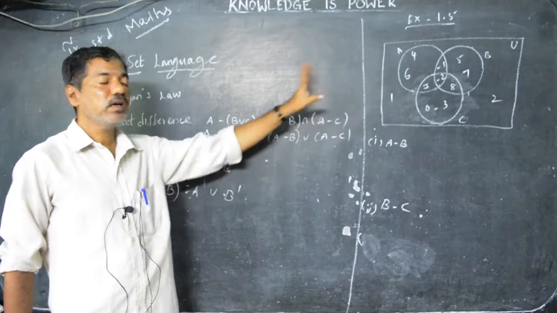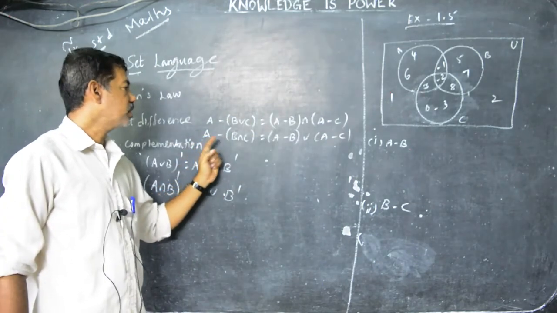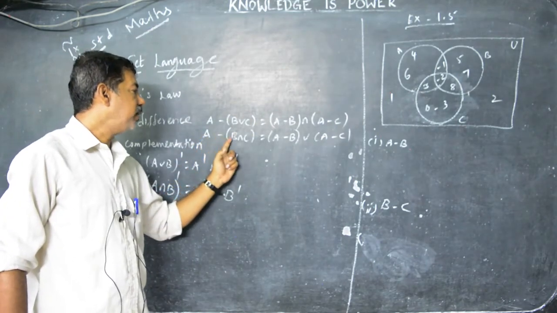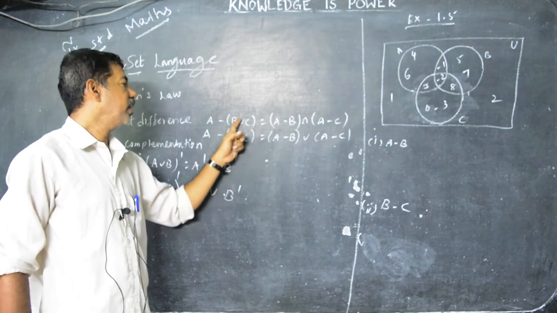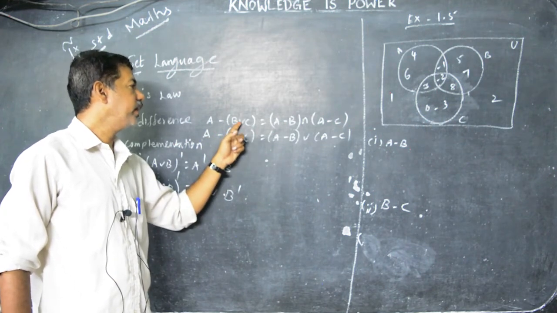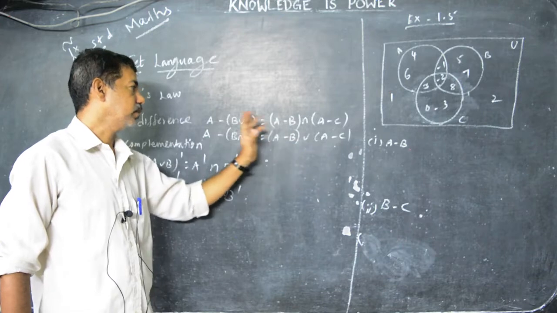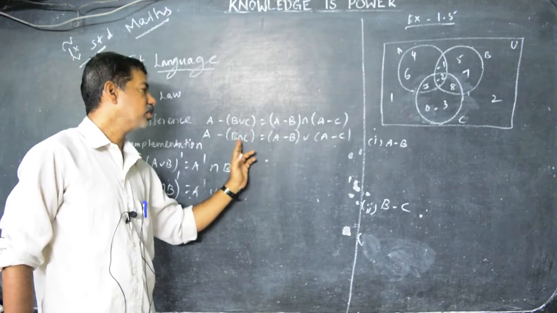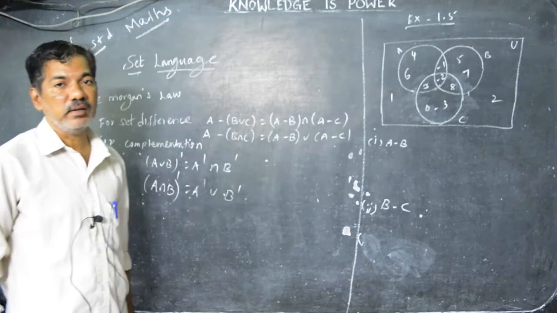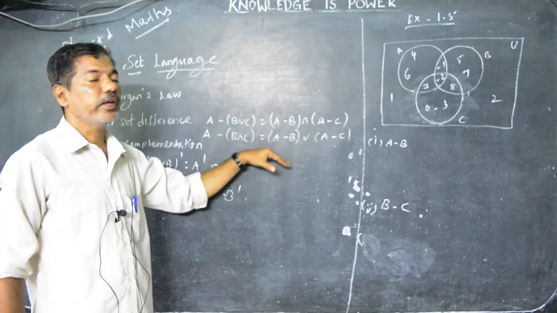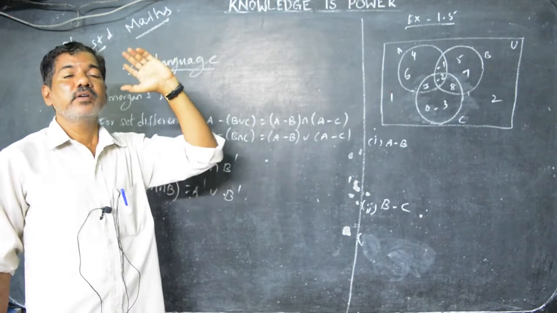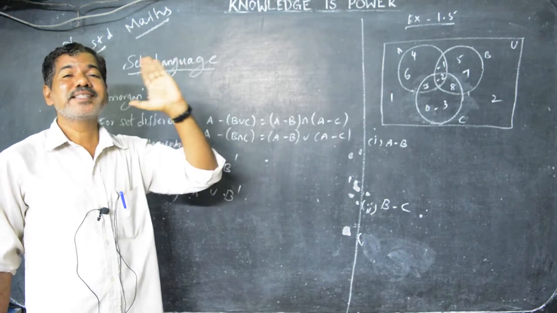In place of union, you put intersection. This is one of the concepts. The second concept is the same: A minus (B intersection C). In place of intersection, you have to change it to a union, likewise. So you have to remember the formula for set difference.